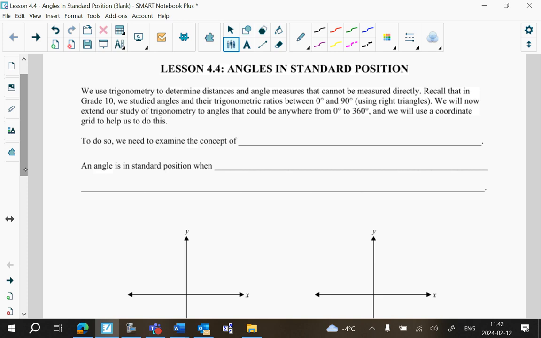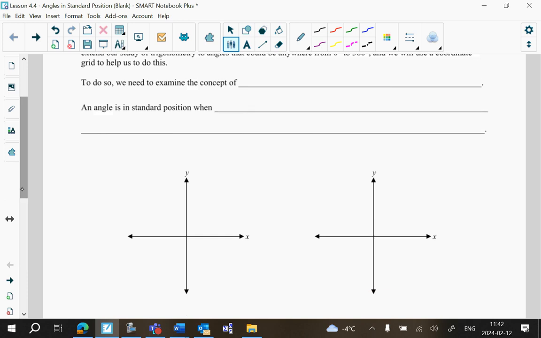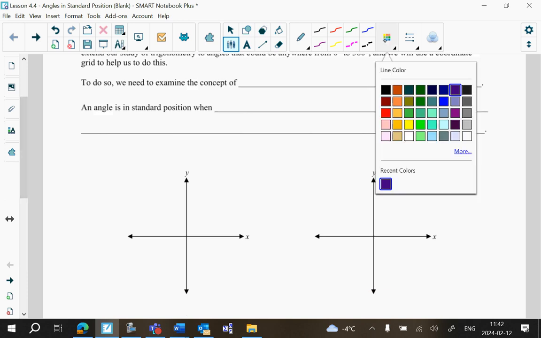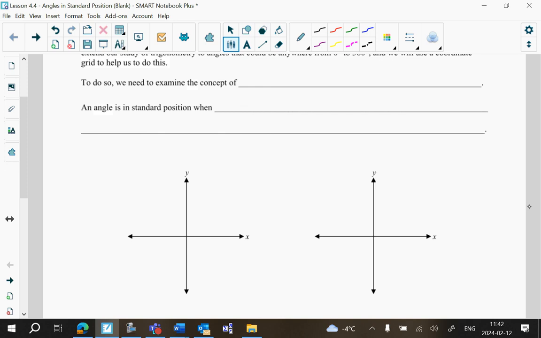Okay? And when we graph an angle on a coordinate grid, we call them angles in standard position.